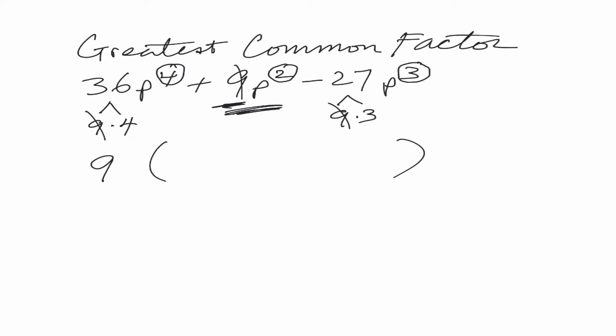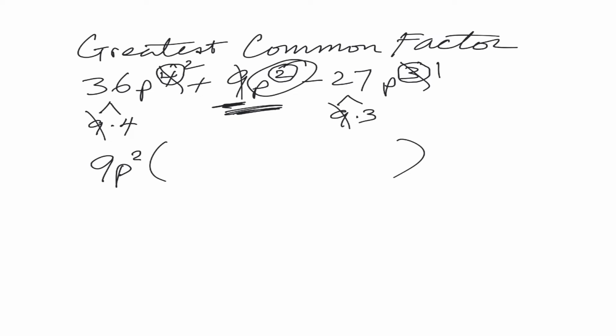Now the p fourth has p squared times p squared. You minus 2, it's going to have p squared left over. You take out the 2, it's going to have just 1 left over. So p squared, since it has the smallest exponent, that will be the greatest common factor you put out here.